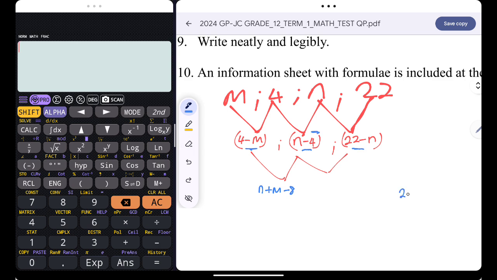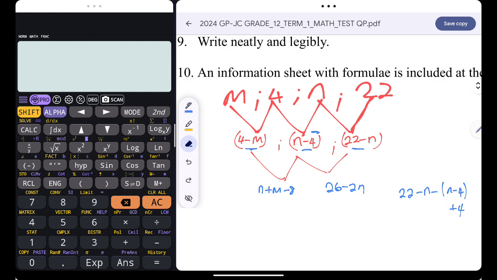I'll simply take 22 minus n minus 4. This will give me 22 minus n plus 4, and then I'll simply have 26 minus 2n. So this term over here is simply 26 minus 2n.